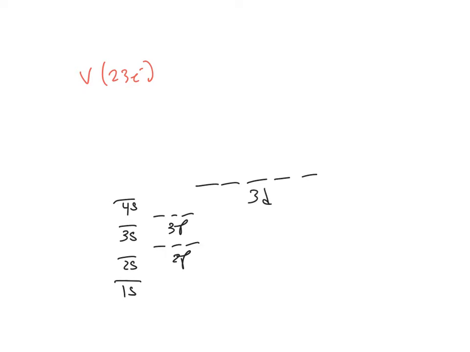That's 3d. So 1, 2, 3, 4, 5, 6, 7, 8, 9, 10, 11, 12, 13, 14, 15, 16, 17, 18, 19, 20, 21, 22, 23. All right, you get insight into where the electrons are. Without doing this diagram, you might not realize that vanadium has 3 unpaired electrons, right?